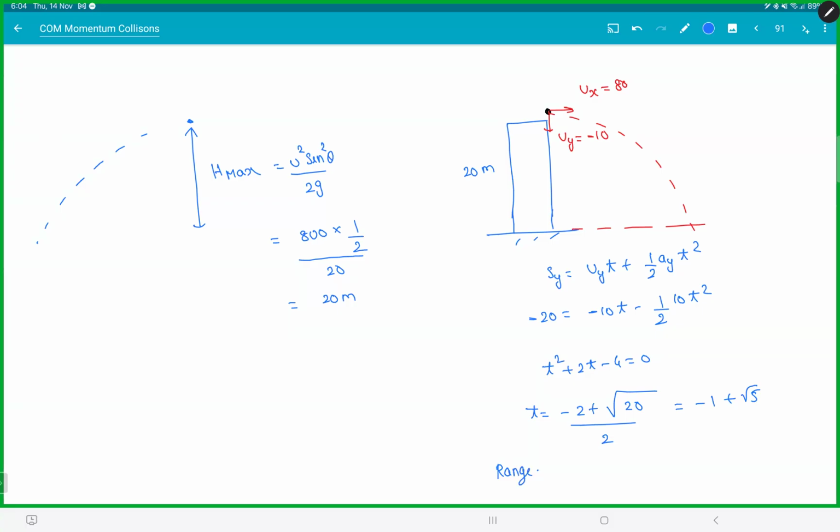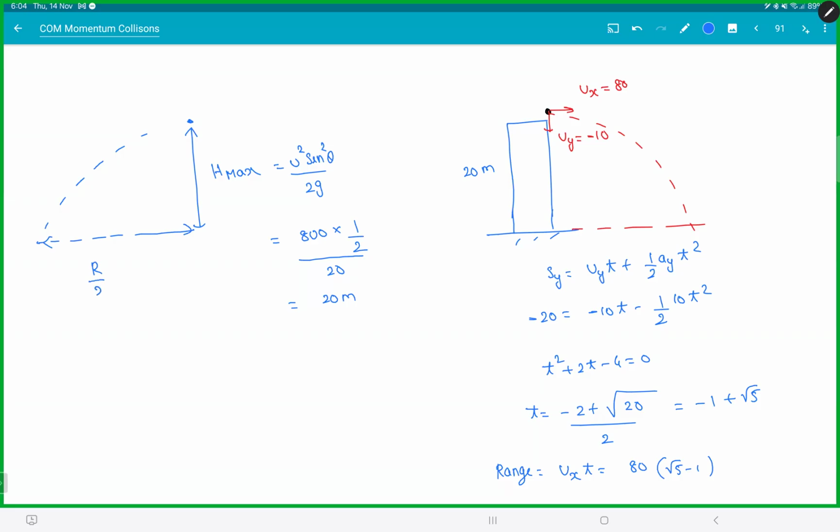What is range? Horizontal velocity into time of flight, which is 80 into root 5 minus 1. That is the range from where? From the point of explosion. If you ask me from the initial position, then we have to add this distance also.